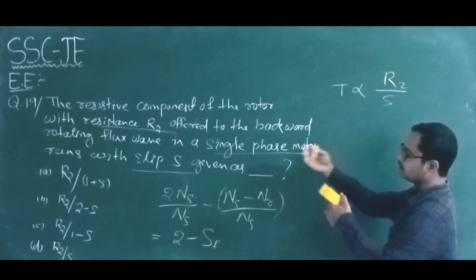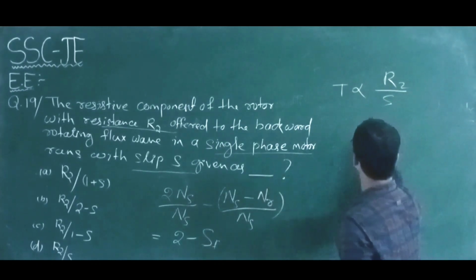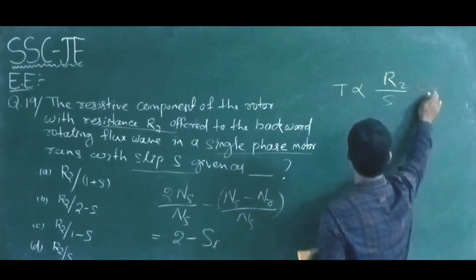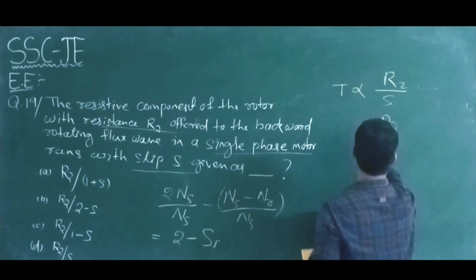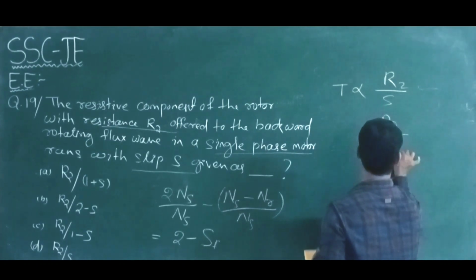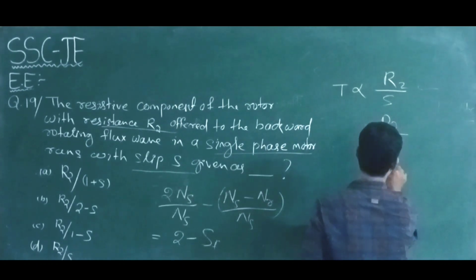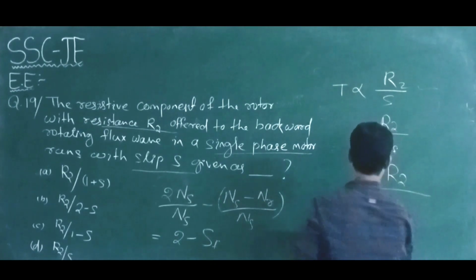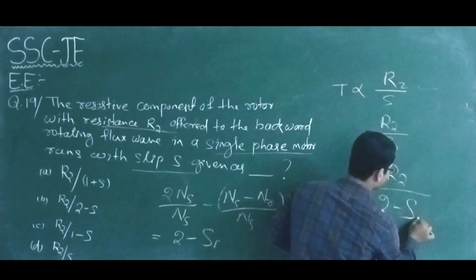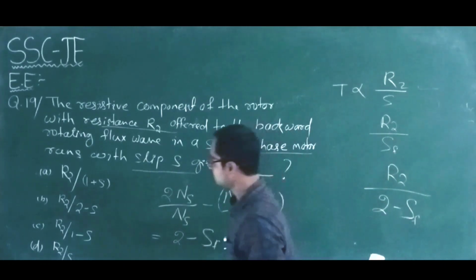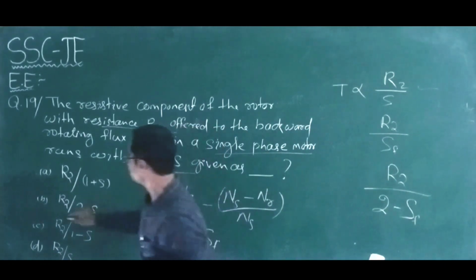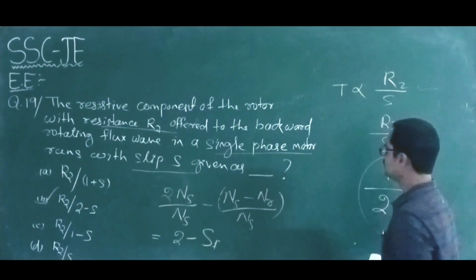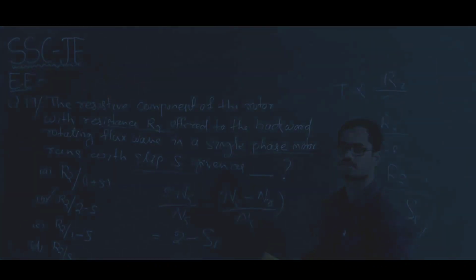For the forward case, it will be R2 divided by SF, and for the reverse case, R2 divided by the slip will be R2 divided by 2 minus SF. So option B is the correct answer, R2 by 2S. This is the correct answer for this question.